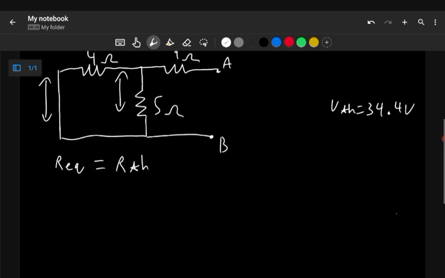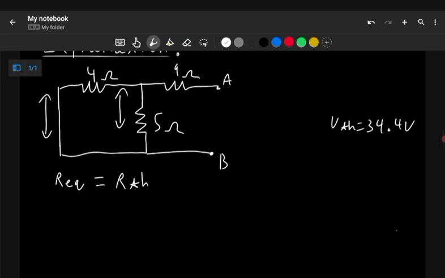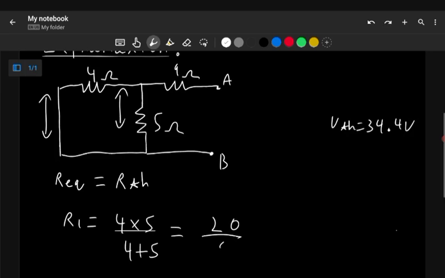So in the circuit we can see the 4 and 5 ohm resistors are in parallel. So we can find the equivalent resistance of these two resistors. R1 will be equal to 4 into 5 divided by 4 plus 5, which would equal 20 divided by 9, which would equal 2.2 ohms.